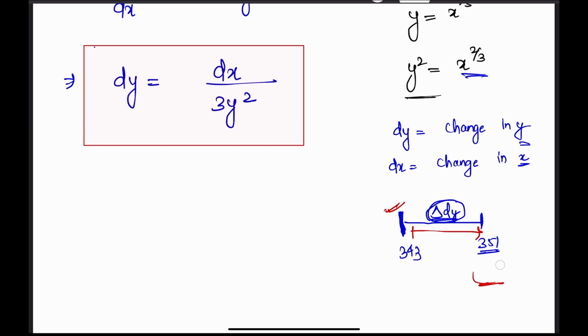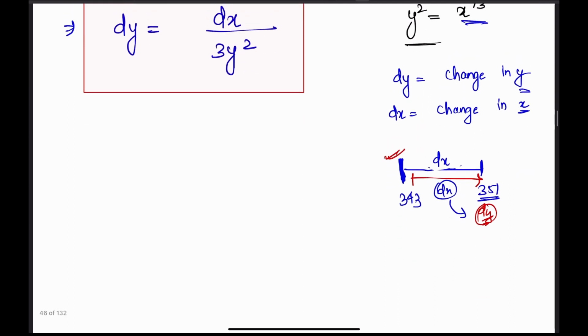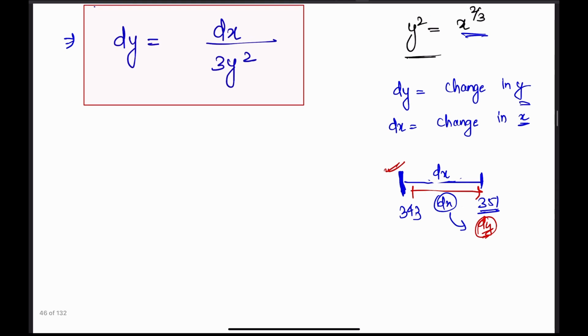So dx is given, and if there is a dx change, then corresponding to that we can find out how much dy will change. So in other words, for those who are having issues with understanding, I will call it the decimal part. This is where we are making mistakes.